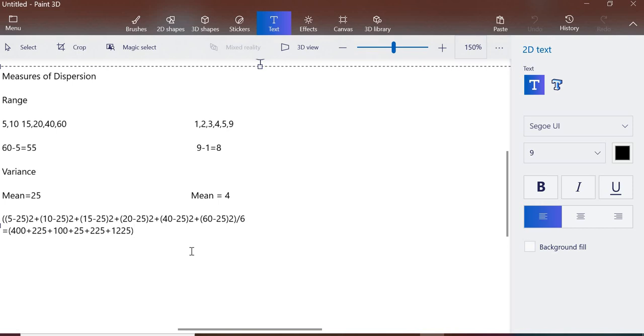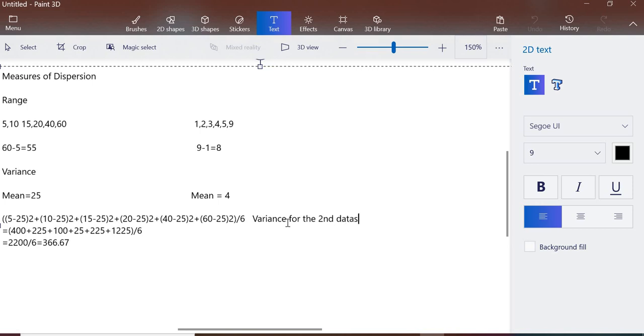So we sum up all of them and divide by the number of data points we have, which comes out to be 2200 divided by 6, which is 366.67.